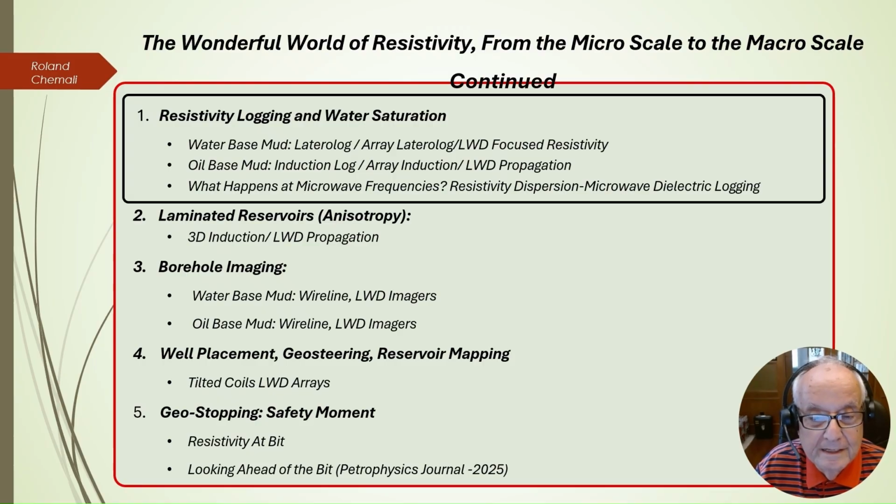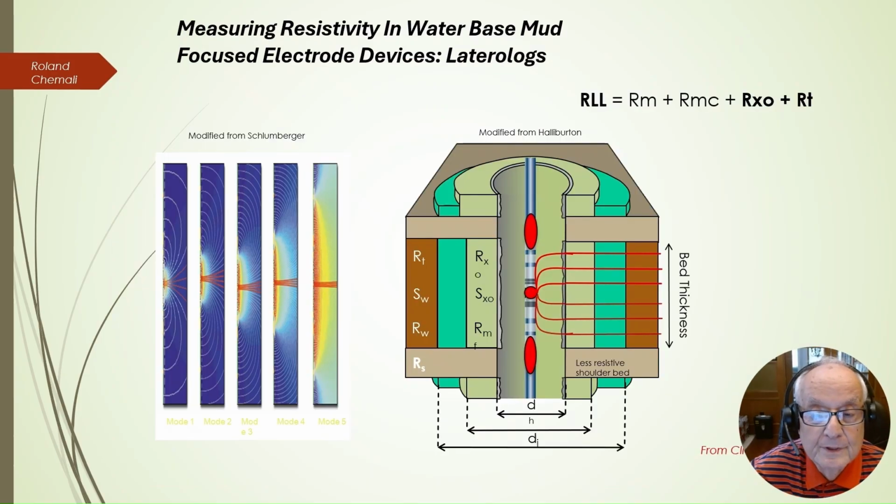Typically, lateral log type for water-based mud and induction log type for both water-based and oil-based mud. And then in LWD, there is the LWD family, and then a short word about what happens in microwave frequencies. So let me start with the lateral log.